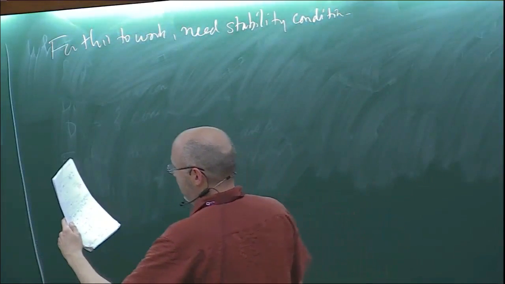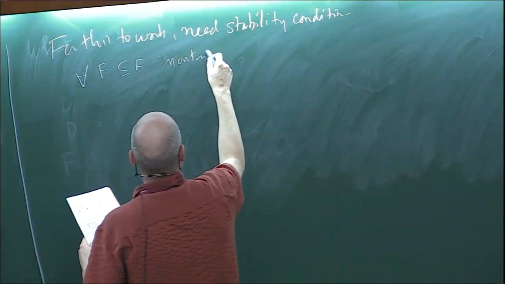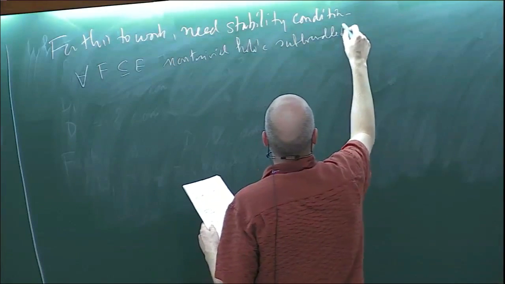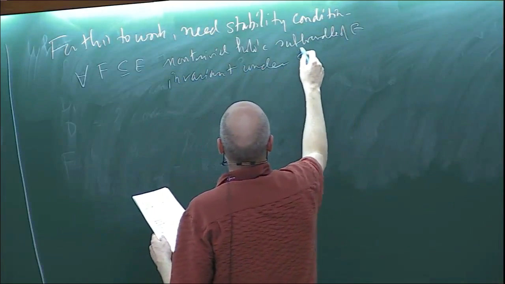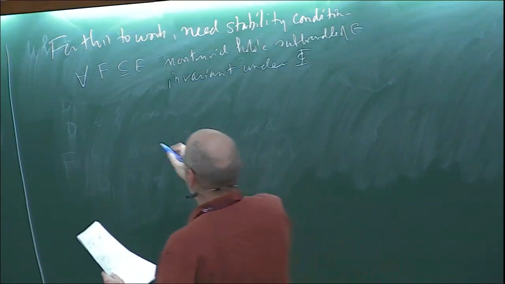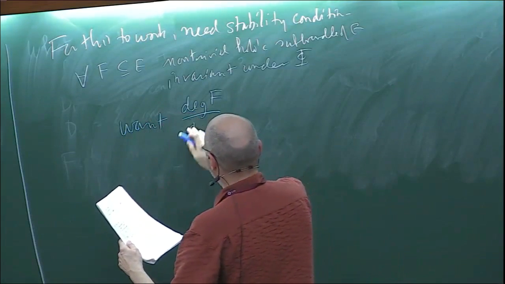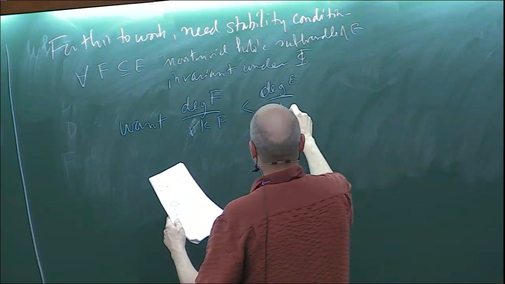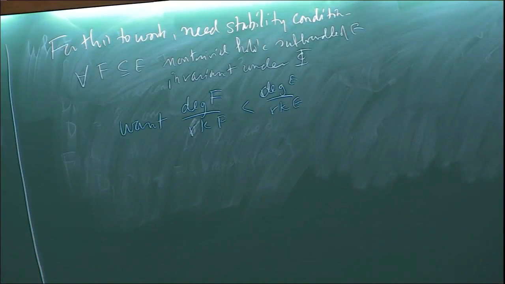And so the stability condition is that for all F, a non-trivial holomorphic subbundle of E, which is invariant under the endomorphism action of this Higgs field phi, we want the slope, degree of F over the rank of F, to be strictly less than the degree of E over the rank of E. And so this is the situation that happens in the irreducible case.